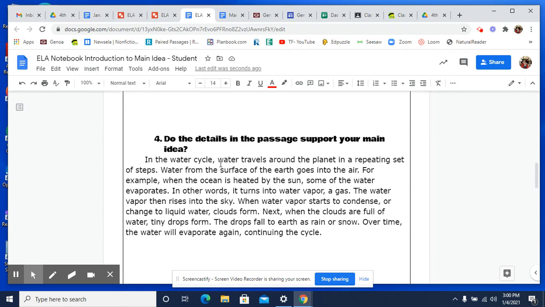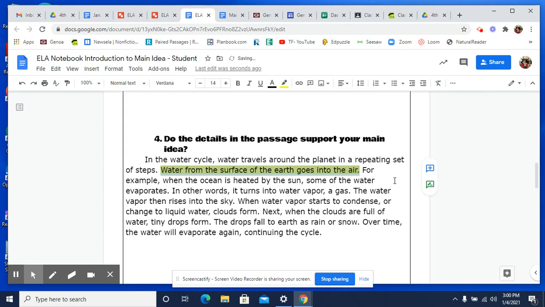Well, I know that you've talked about the water cycle in science, so this should be very familiar to you. Details that would support this is if they talked about the different steps in the water cycle, which they do. So let's do that. So I'm going to highlight this because this is our first step, right? Water from the surface of the earth goes into the air.